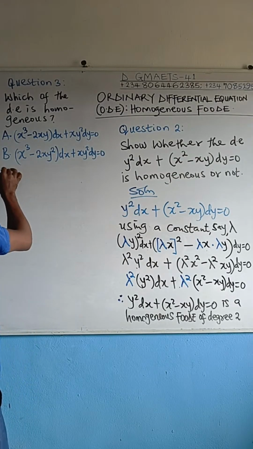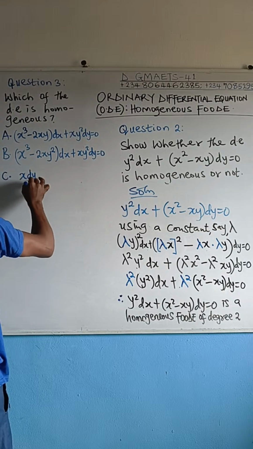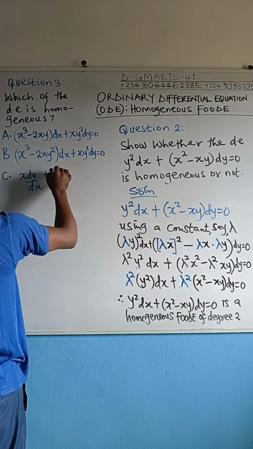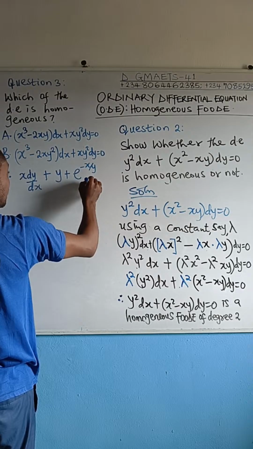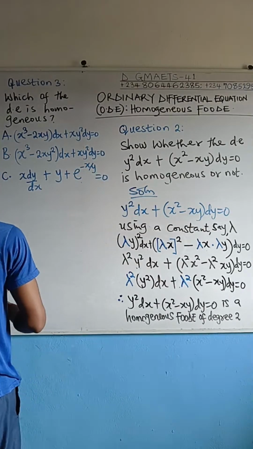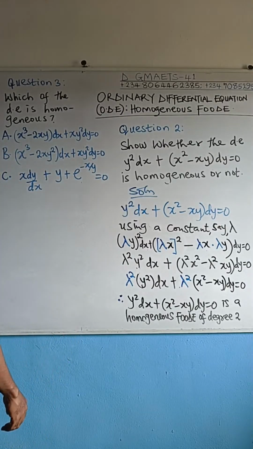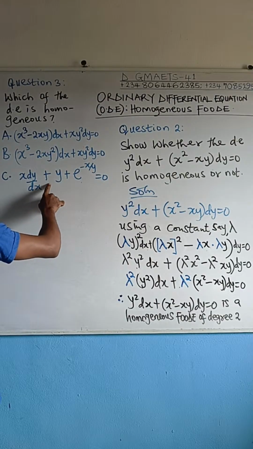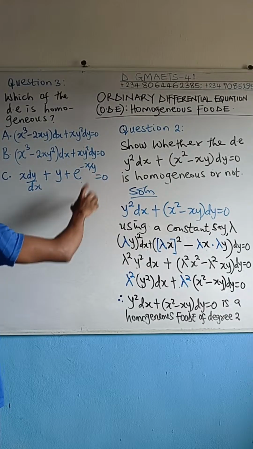Then let me add this one: x dy/dx plus y plus exponential of minus x over y equal to 0.